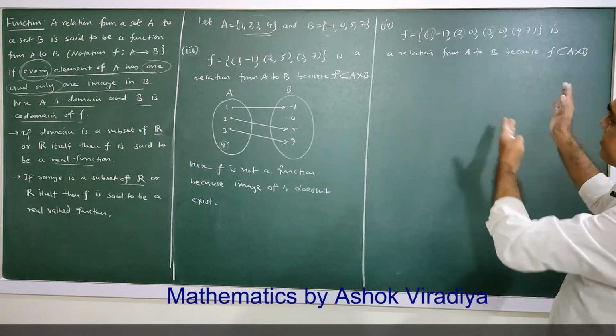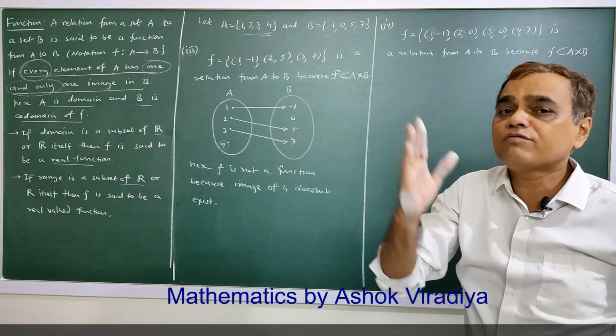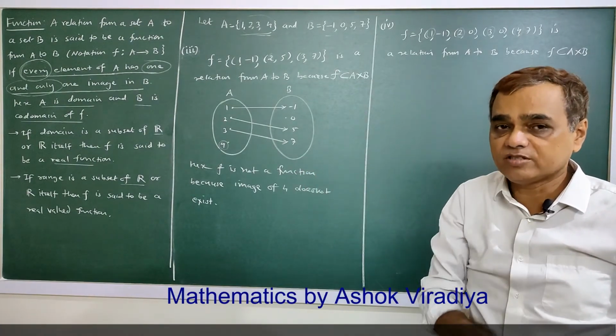For any relation from A to B, check only first place. Every element of the first set must be in first place without repetition.